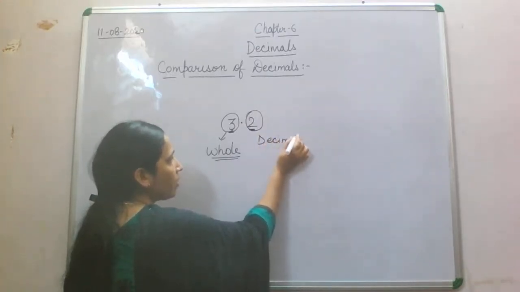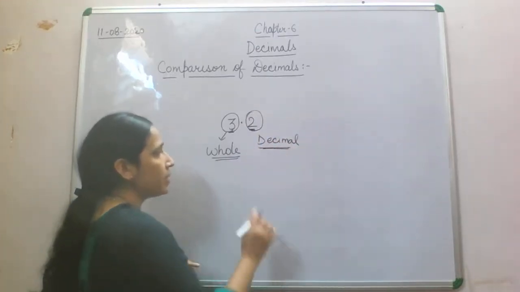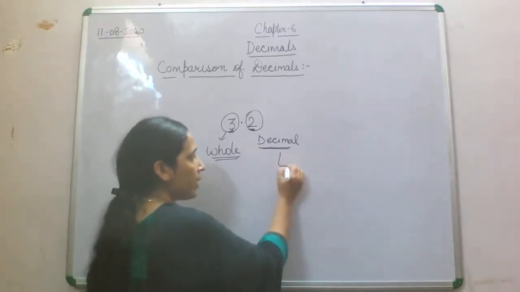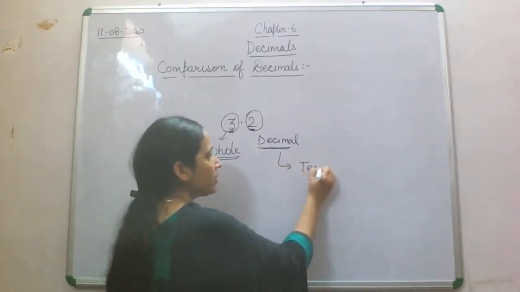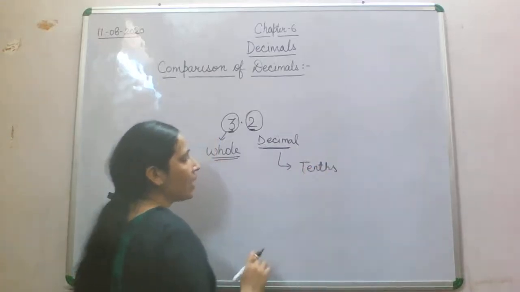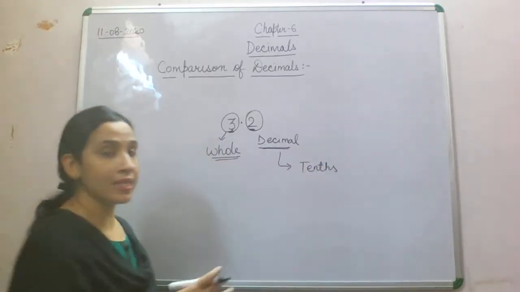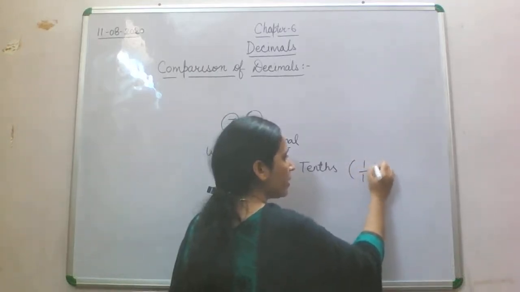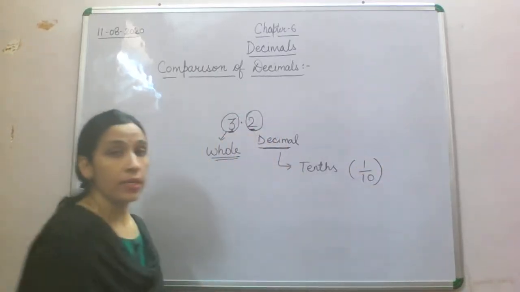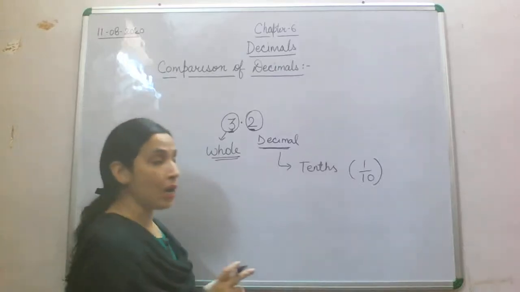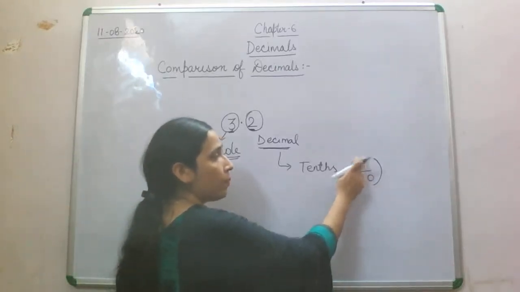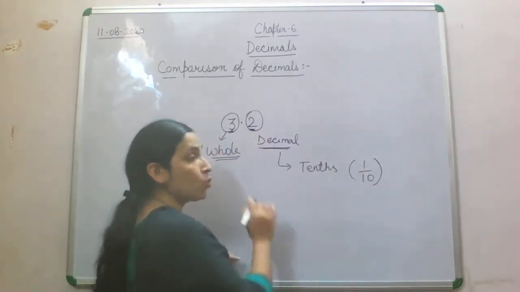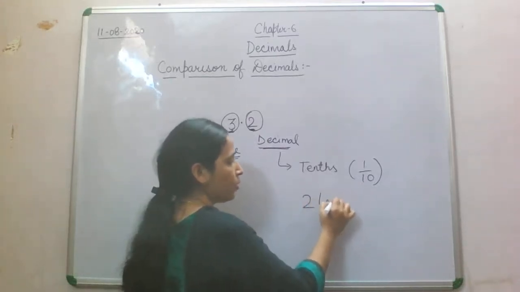Now if I talk about the decimal part, the first place in the decimal part is tenths, or we can write it as 1/10. Now what does it mean? That out of 10, one part is shaded. Here we have two tenths.